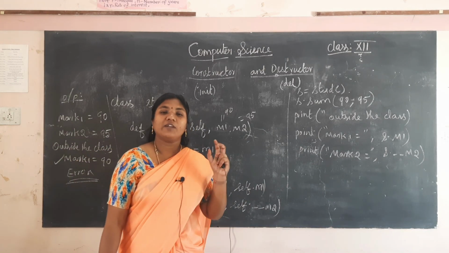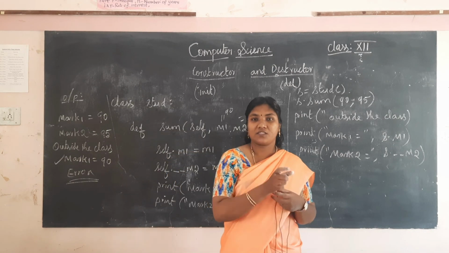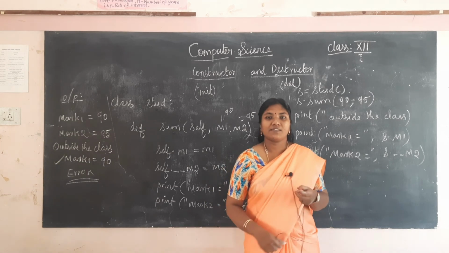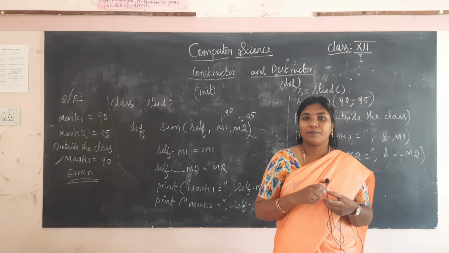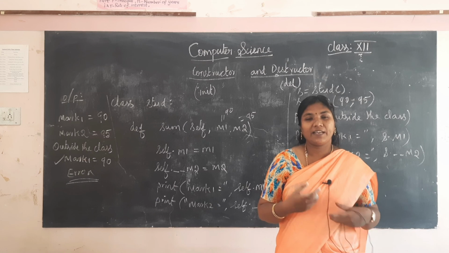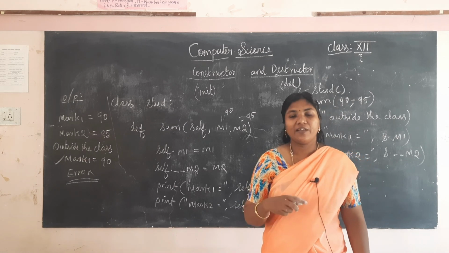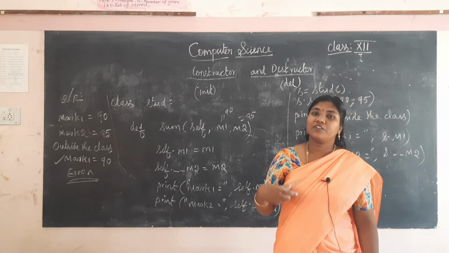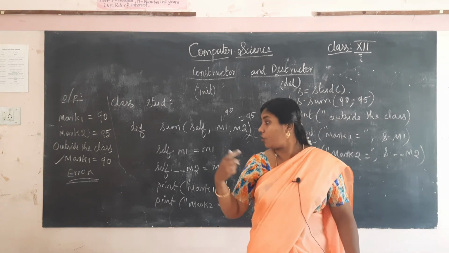Okay. So if you want to declare anything as a private variable, then you have to give 2 underscores before that variable. Clear? So today we have seen constructor, destructor, private and public variables, how within the class a variable can be public and private and how we can access it. If you declare a variable as private, that variable has scope only within that class. So outside the class, if you try to access that variable, it will not recognize it and it will show an error.